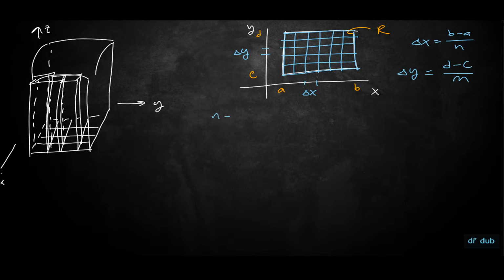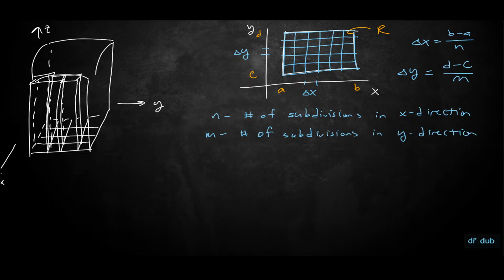So n is the number of subdivisions in the x direction, and m is the number of subdivisions in the y direction. Very similar to how we did Riemann sums for a function of one variable. We're doing a double sum, basically, is what this is going to turn out to be.